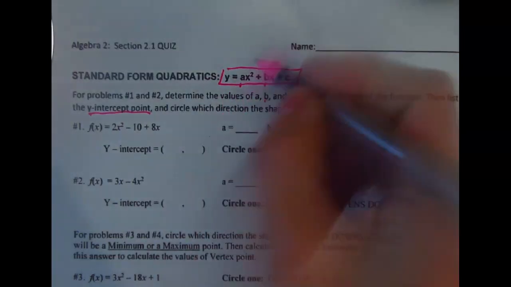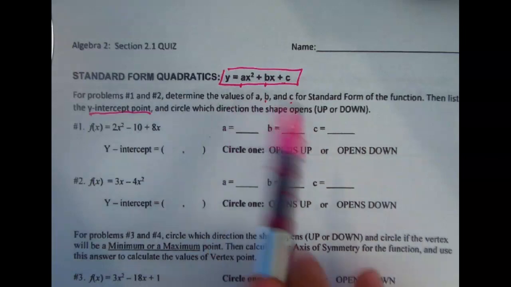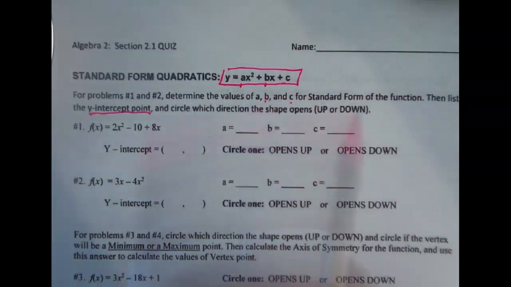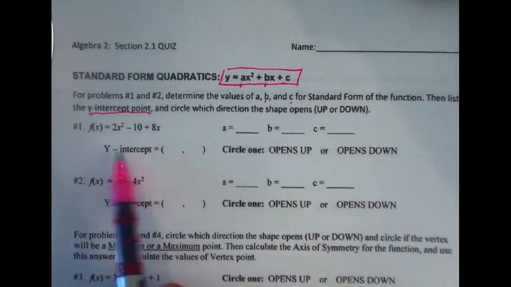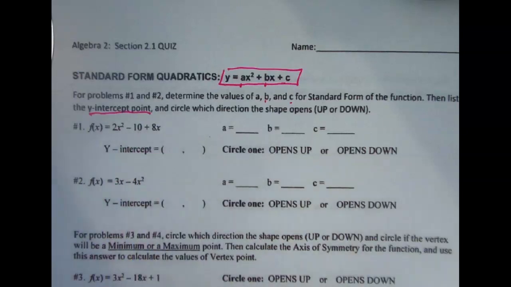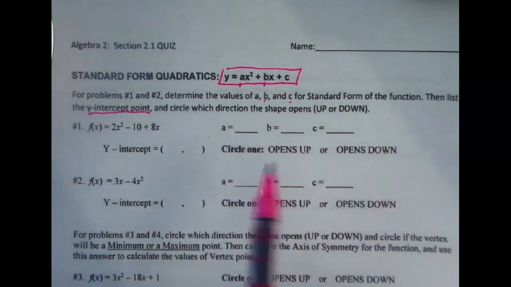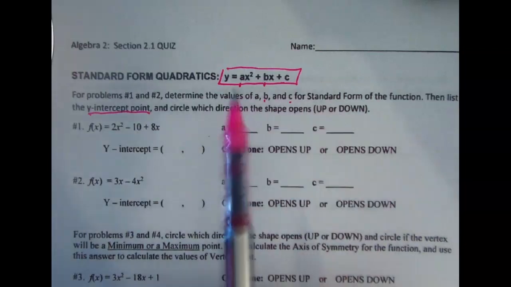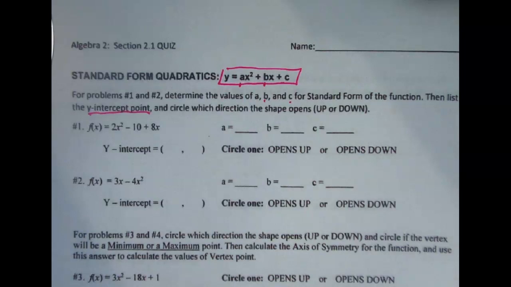This is standard form, and then identify the A, the B, and the C. From there, you should be able to tell us what the point for the y-intercept would be. Just remember, y-intercept is 0, comma, and then our C. And then you're going to circle whether it opens up or opens down. And remember, that is all dependent on one of these letters up here.